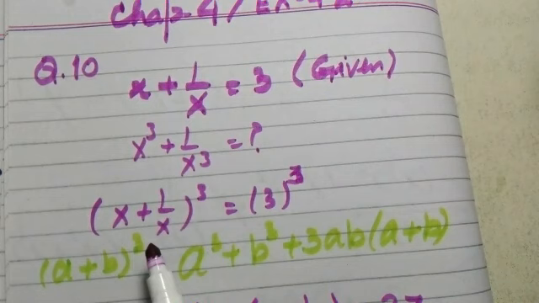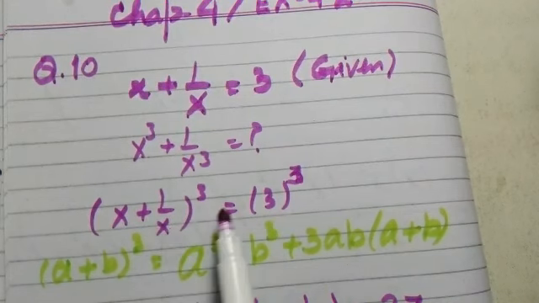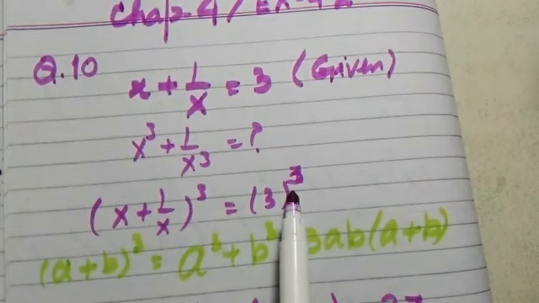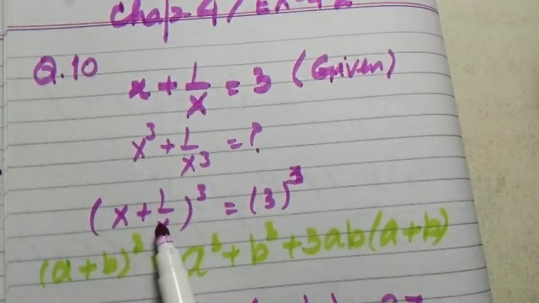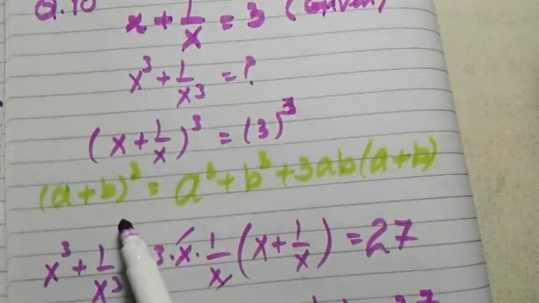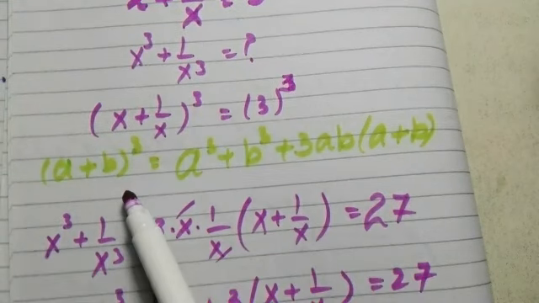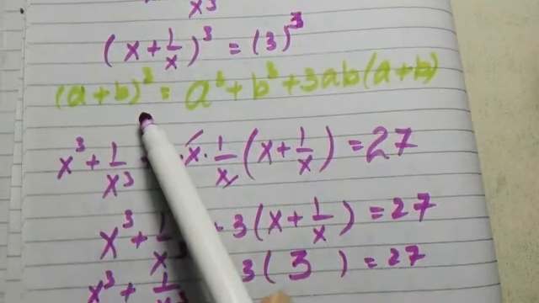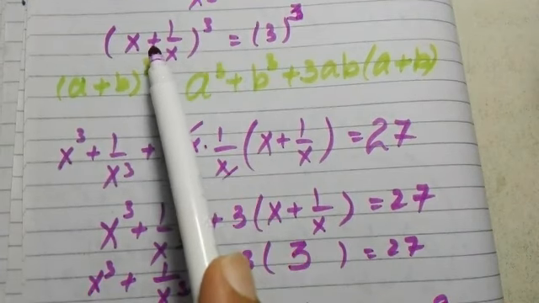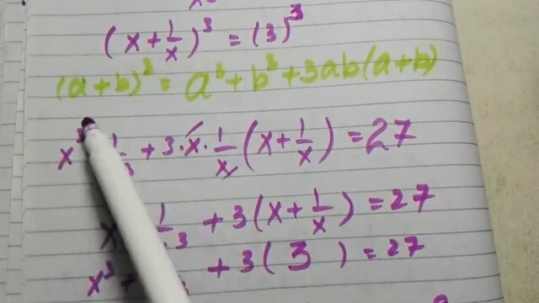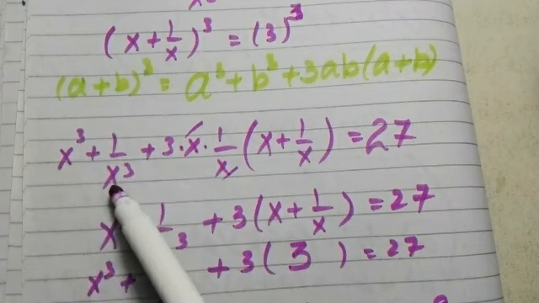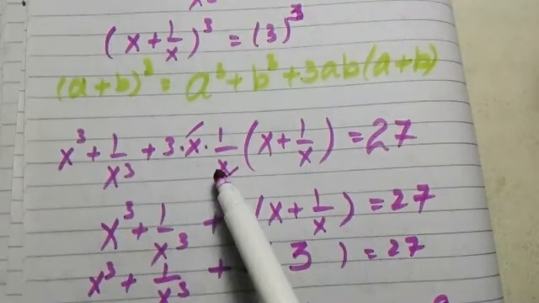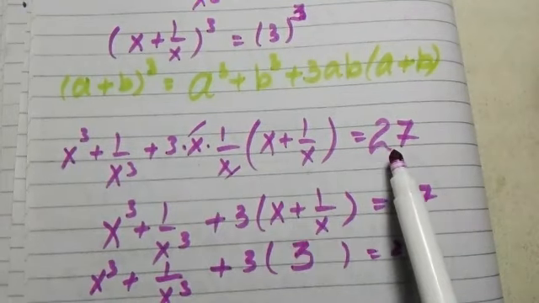You will take the cube on both sides of the given value, and then you will expand the left hand side of the question by using this formula which is highlighted in green. So left hand side will be expanded x cubed plus 1 over x cubed plus 3 times x plus 1 over x, and equals 27.